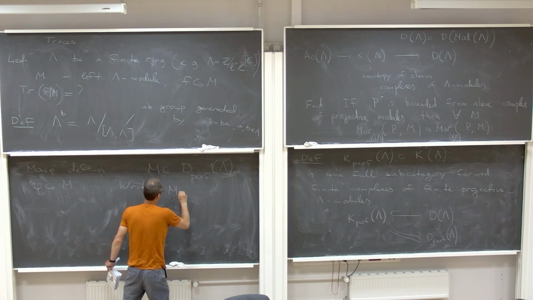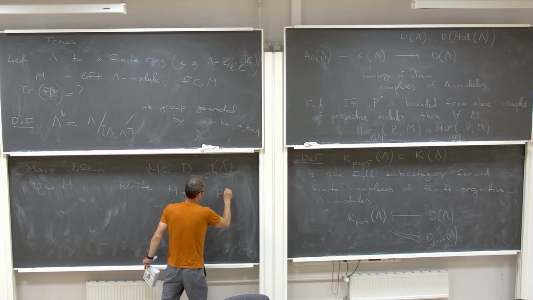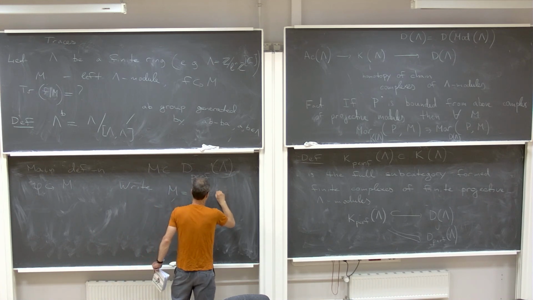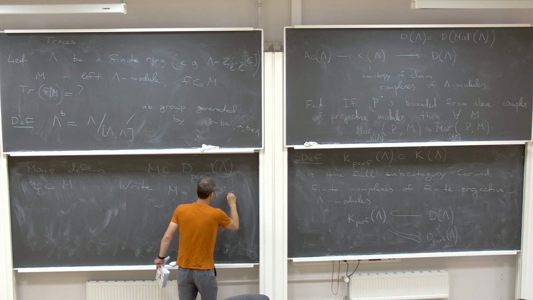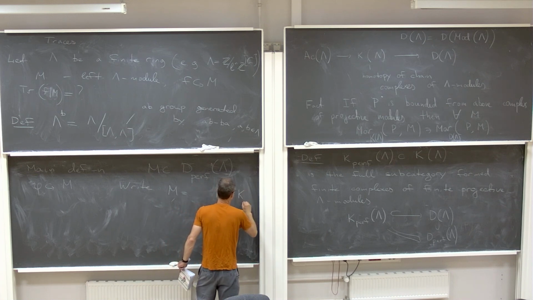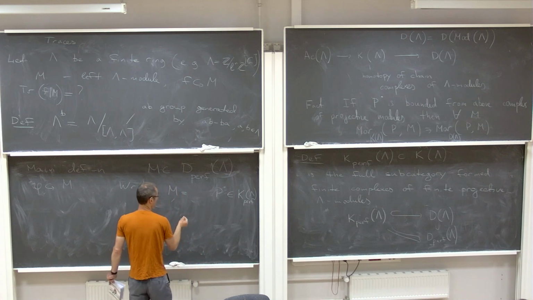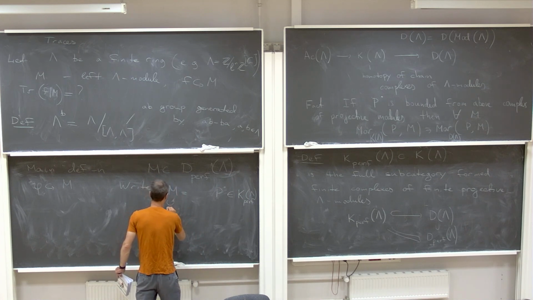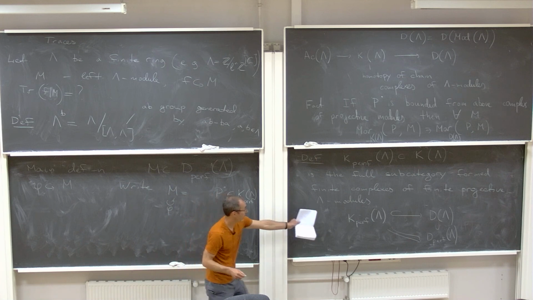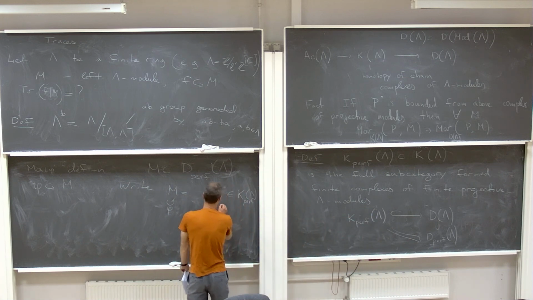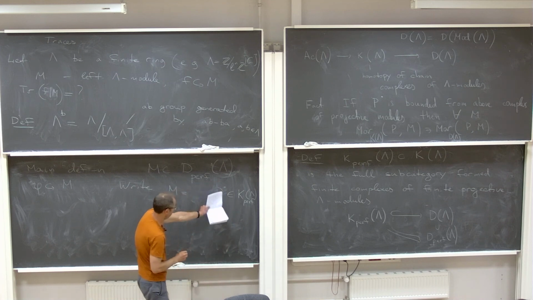M is P dot in K perf of lambda. Then you have phi here. And by this full faithfulness, it gives me an endomorphism phi of this complex.